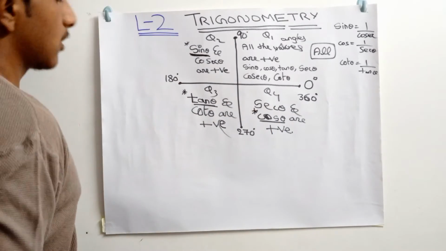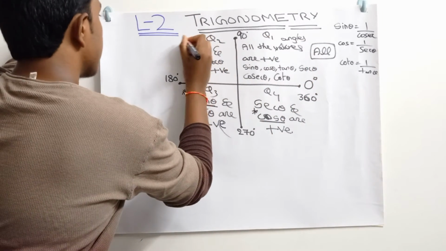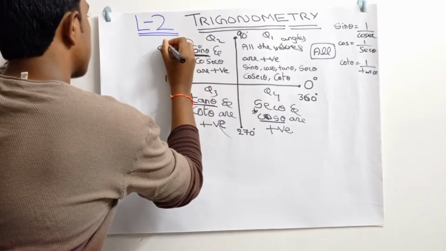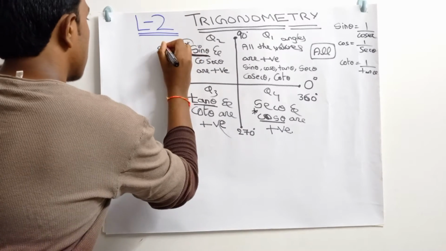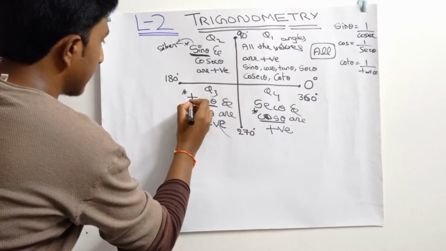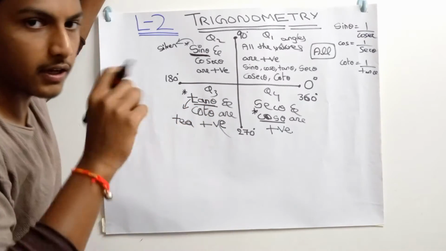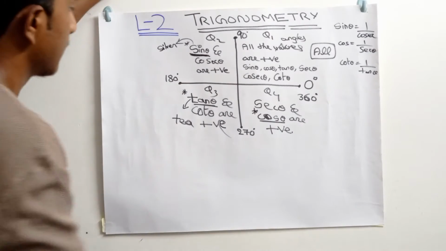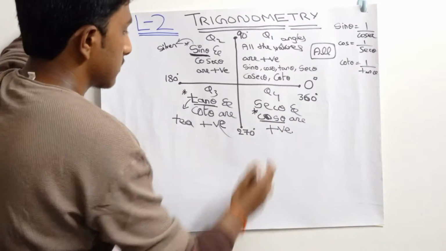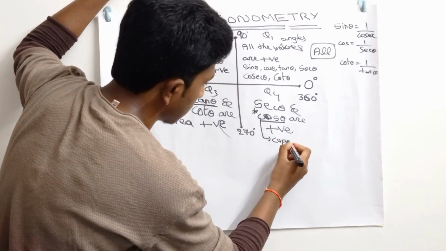Consider this S as silver, tan theta T as tea, the tea we drink, and the fourth, cos, C as cups.